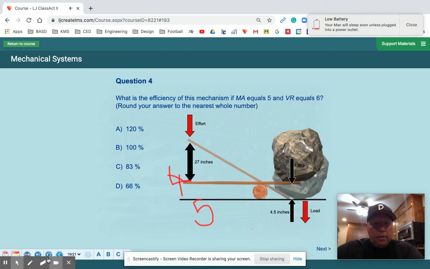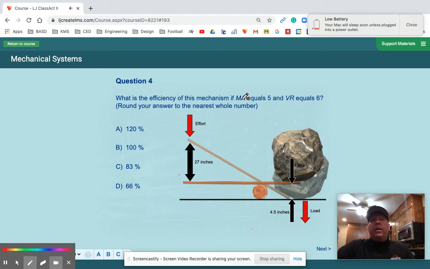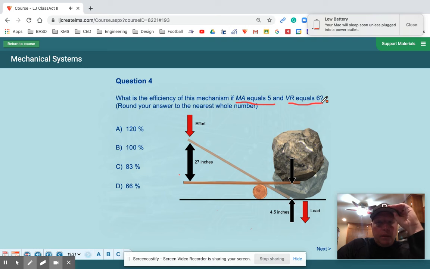So let's do a problem together. Pertinent information that we already know is that mechanical advantage equals 5, velocity ratio equals 6. So that's our givens.